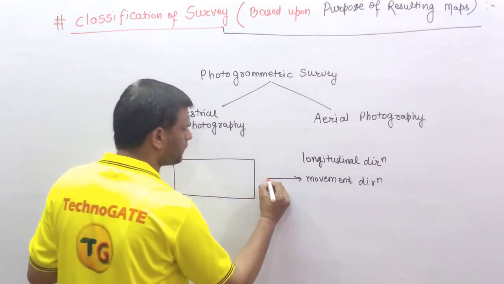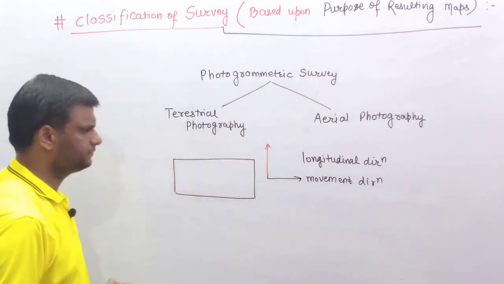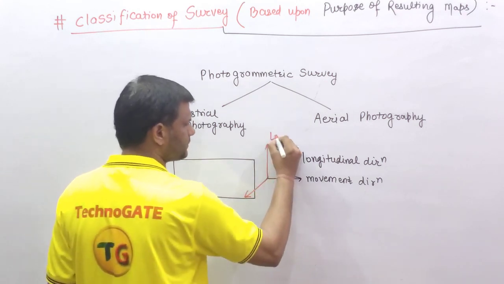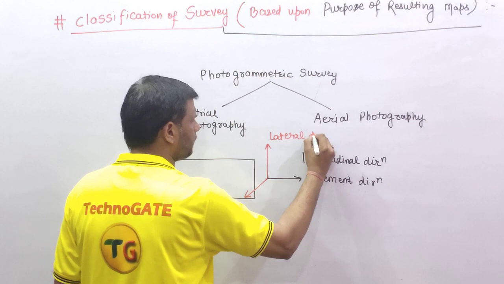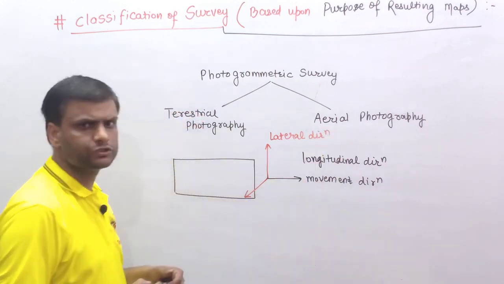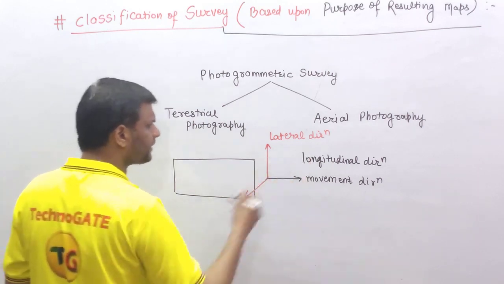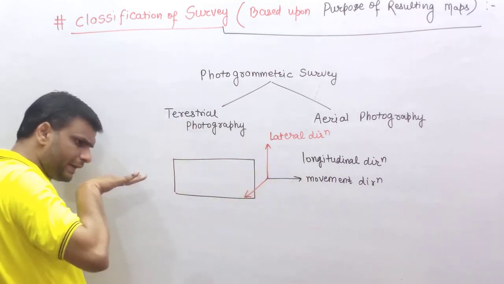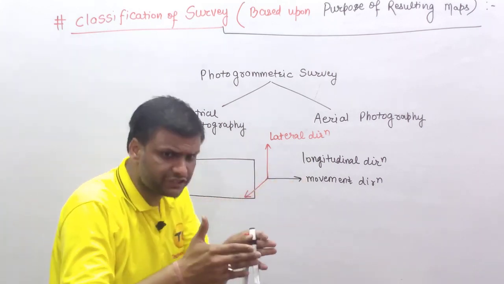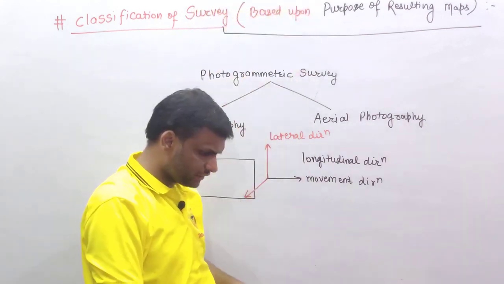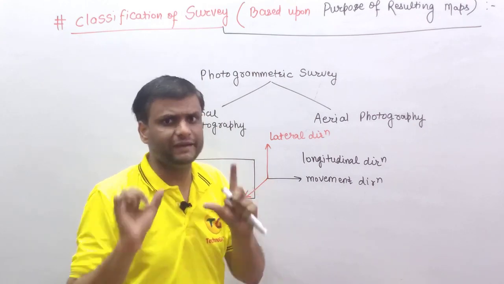Whereas the perpendicular to this direction is called the lateral direction, or you can say the transverse direction. Photographs are taken at such intervals. Let us suppose this is the position of the drone, one photograph is taken. In this photograph, some area is covered.